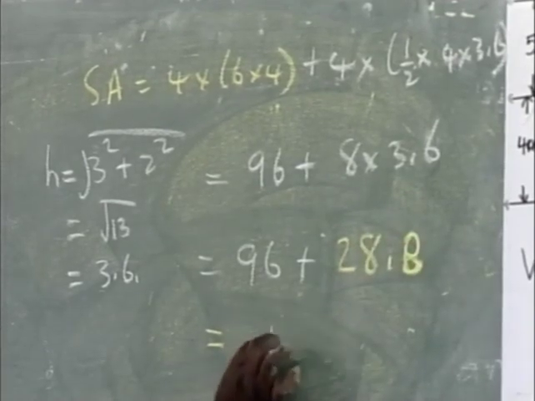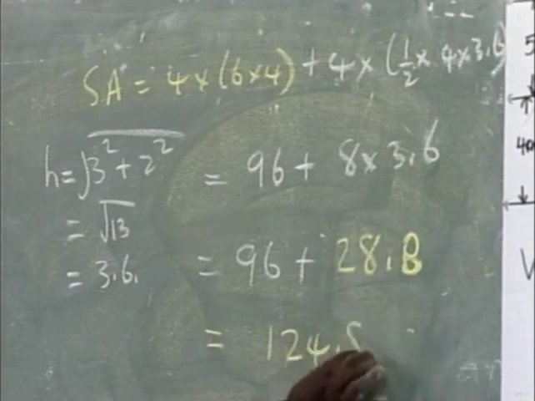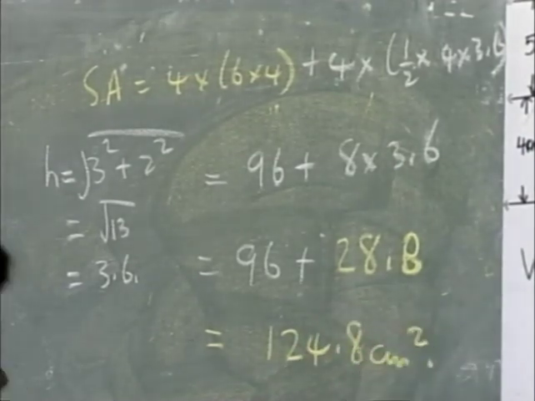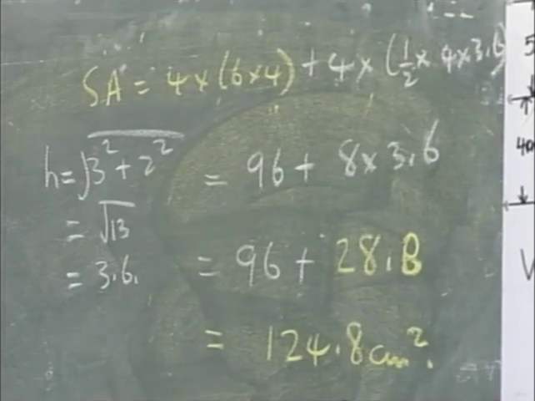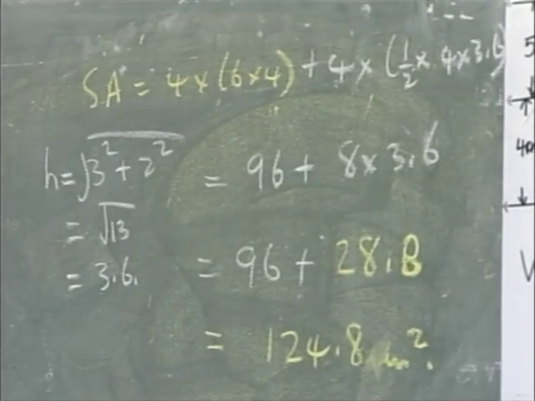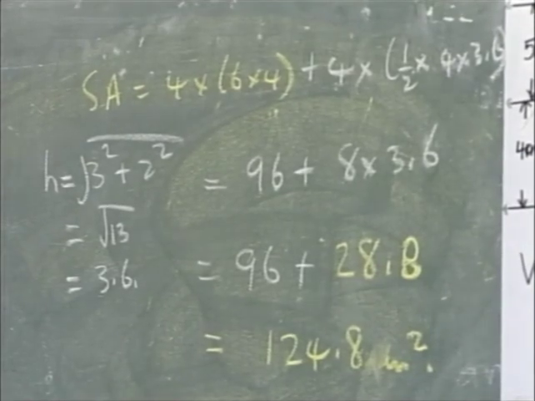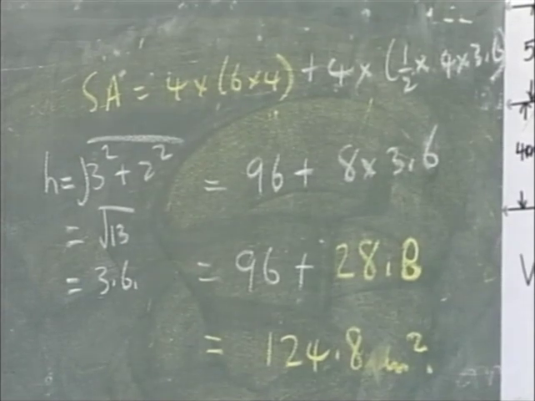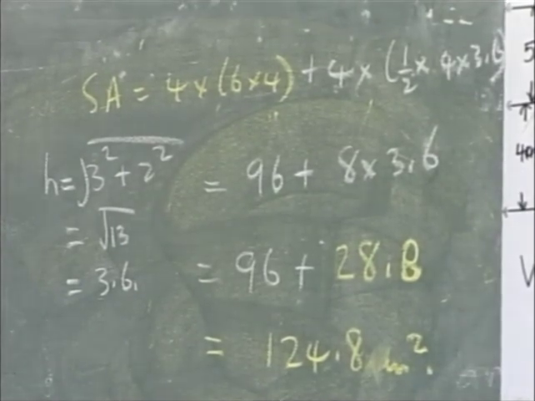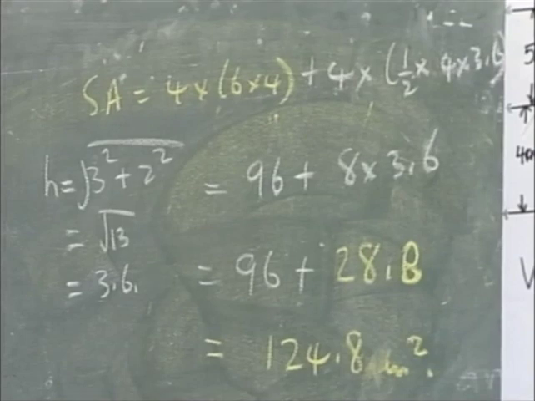So it's 124.8 square meters. So note for that one, there is no base and the top of the cuboid is also not there, because that's the base of the pyramid.